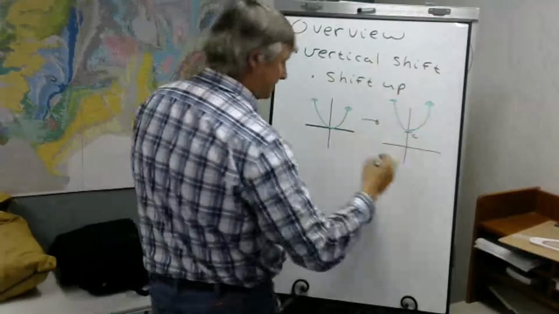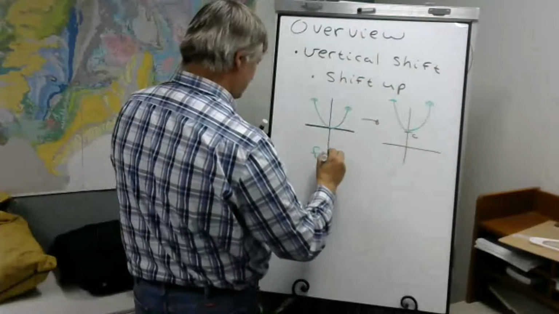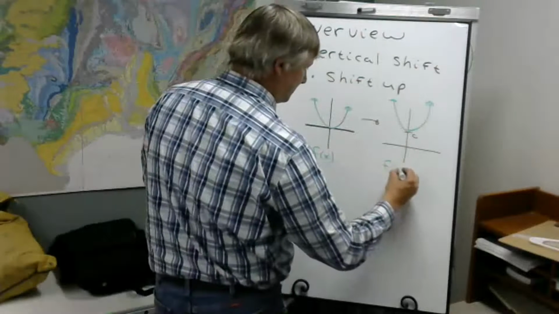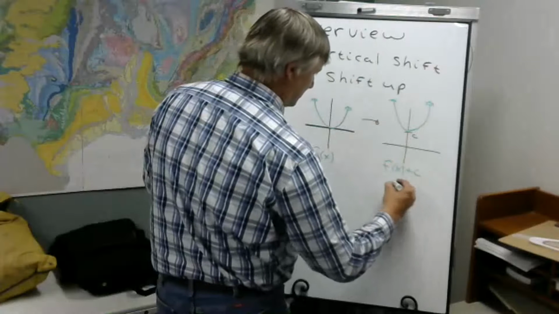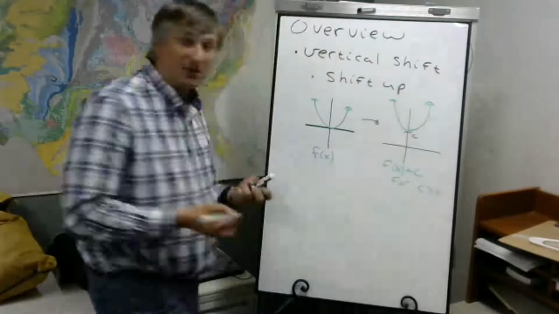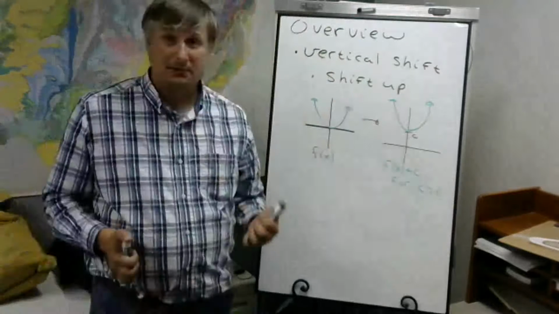Well, you take f of x and you add c to it. This is assuming that c is greater than 0. And that's it, it'll shift it up c units.